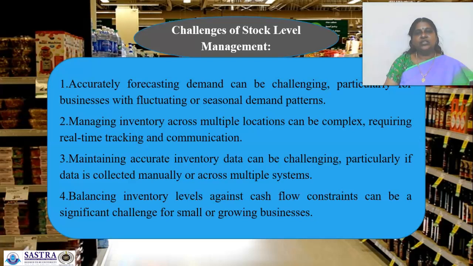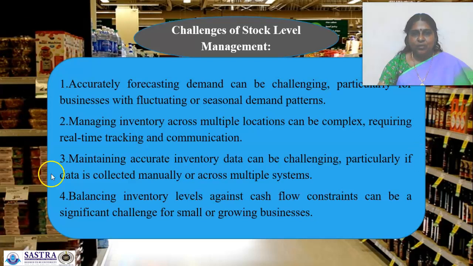Next, maintaining accurate inventory data can be a challenging one. Sometimes you may take a store's ledger and create stock records clearly, but particularly if the data is collected manually across multiple systems, you can see here that they are taking stock on one side while on the other side the customer may be coming and taking the materials.